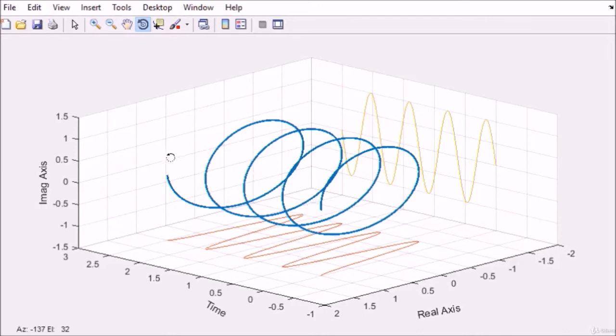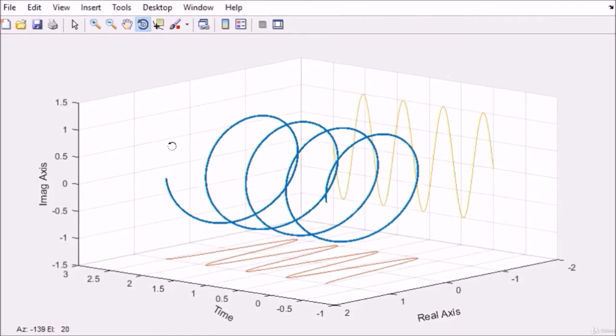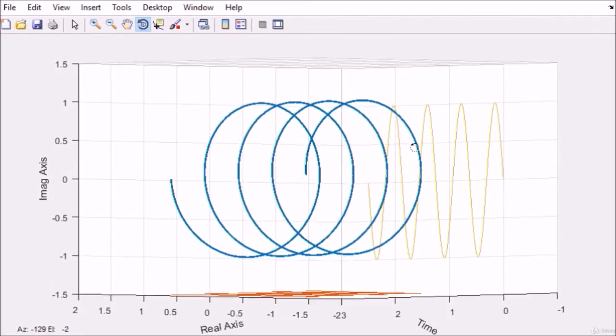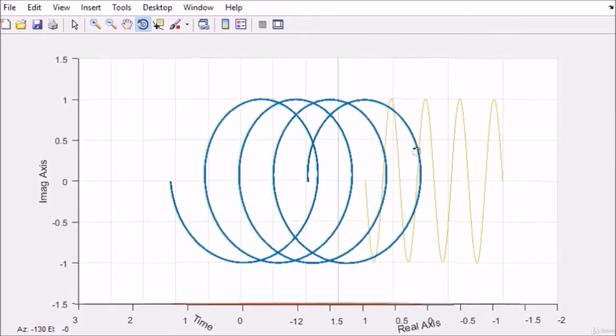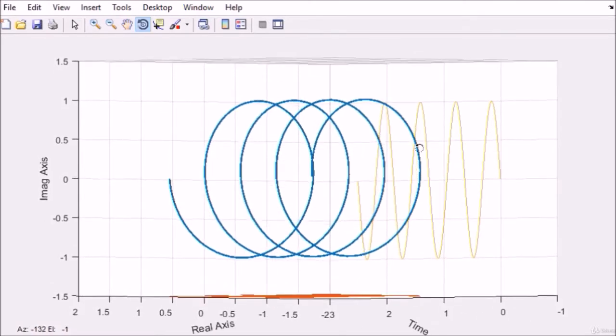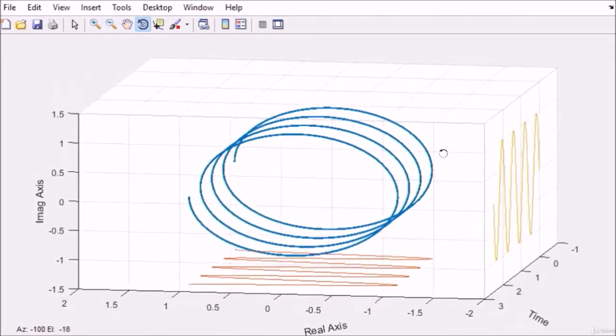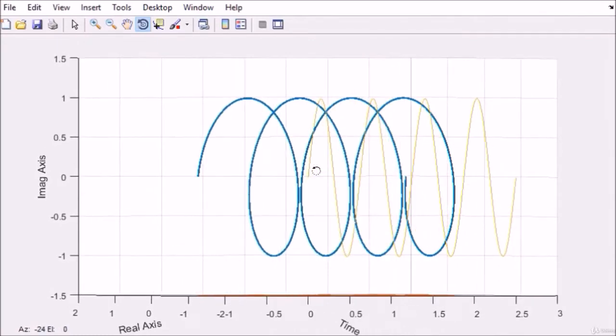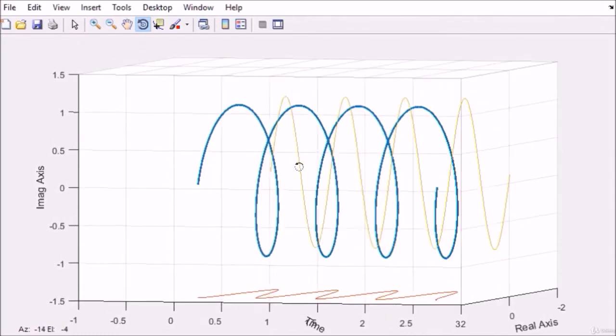So let me see if I can get this into the same kind of format. So you see this here. Now what I'll do is turn it, and if I go to this plane here, which would be the imaginary plane, we're expecting to see the sine. So if I switch this round, I'll go all the way around like that. So there we come in.